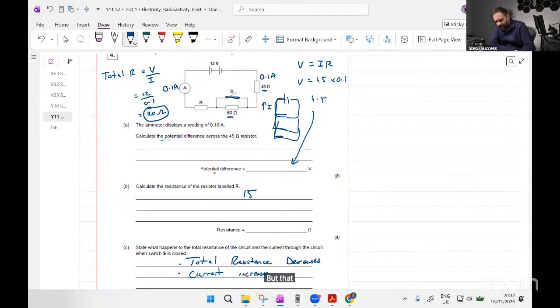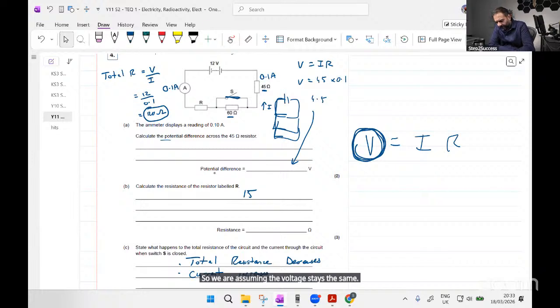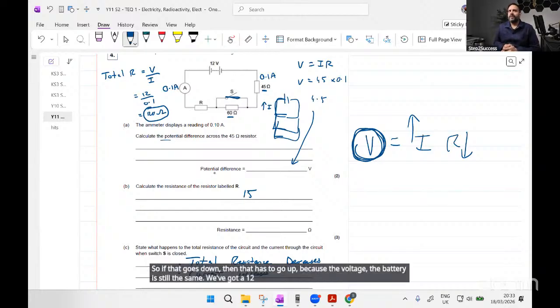That does make sense though, because the formula is V equals IR. So we are assuming the voltage stays the same. So if that goes down, then that has to go up because the battery is still the same. So we've got a 12-volt battery here. So that does make sense, I think, based on that formula.